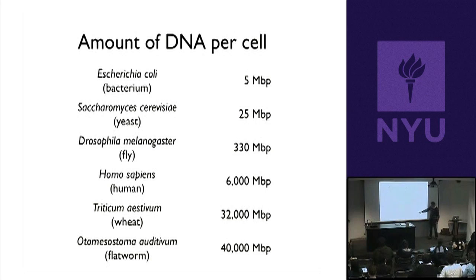The record holder, which I looked up, for an animal is actually a lungfish. Again, not the kind of animal you'd guess is the most complex. 130,000 million base pairs. 130 billion base pairs of DNA per cell. So this means 2 things.